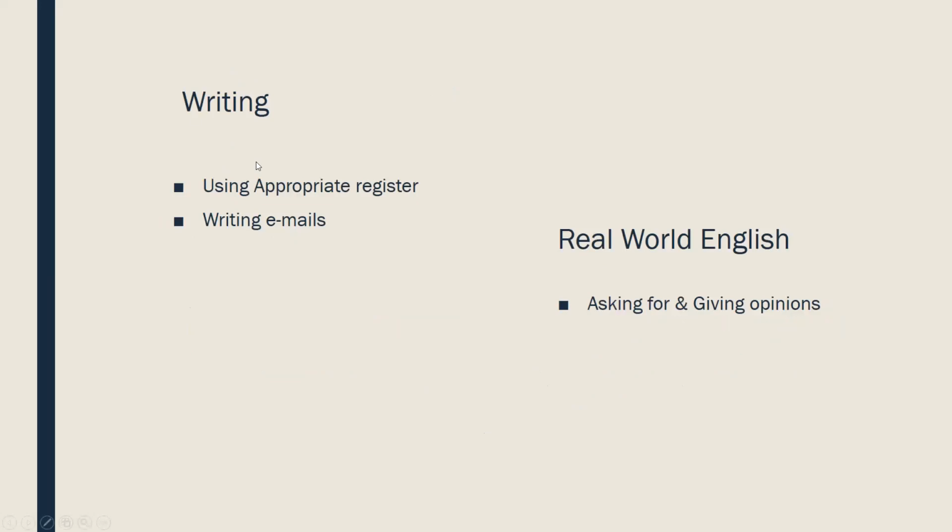This is the writing part of the lesson, using appropriate register, formal and informal. We talked about writing emails, and the real world English video lesson was about asking for and giving opinions.